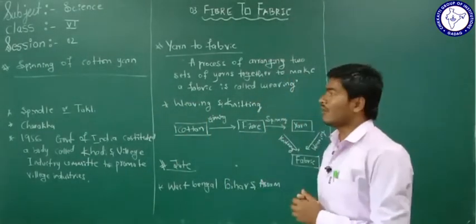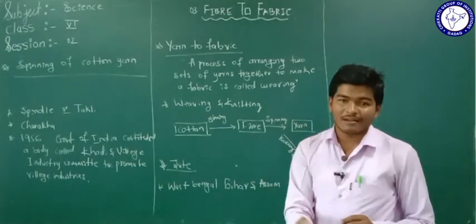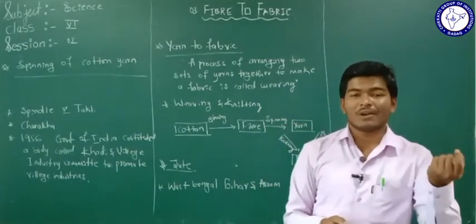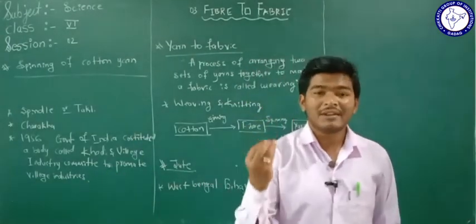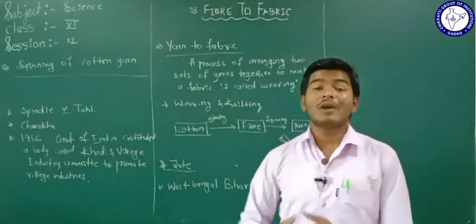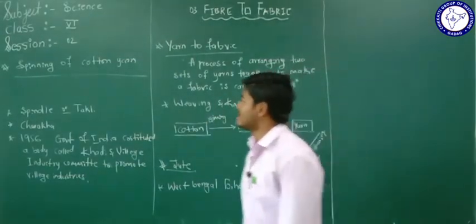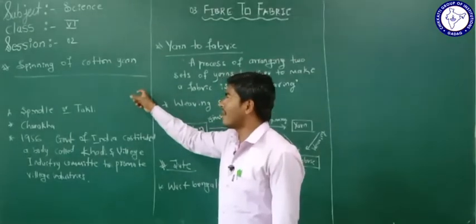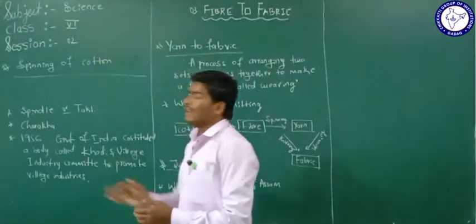Now we have the cotton fiber, but how are we going to make yarn? To make a fabric, we need the yarn of the cotton. So the next process is called the spinning of cotton yarn. Have you understood? Spinning of the cotton. What is spinning here?